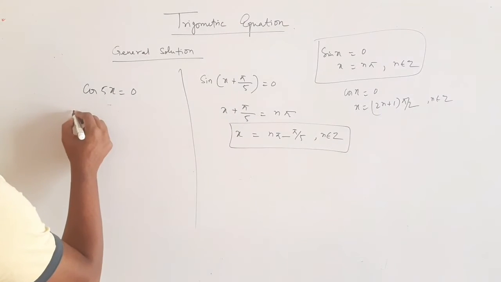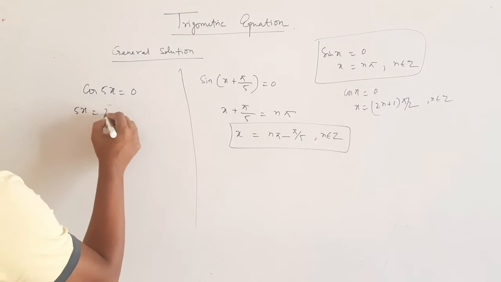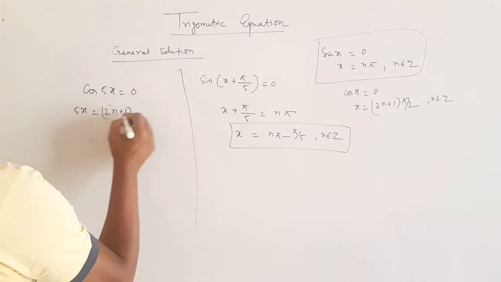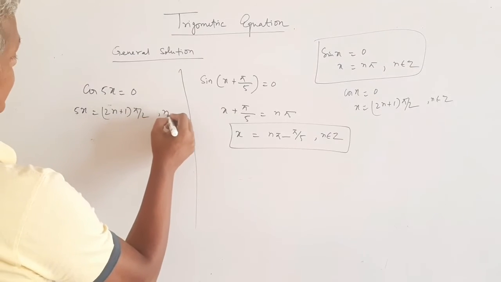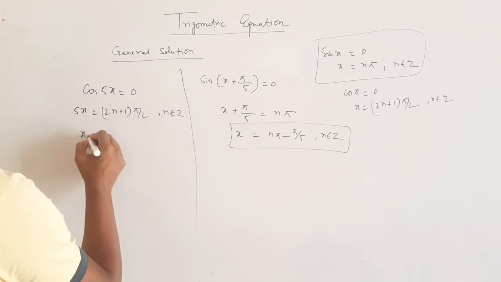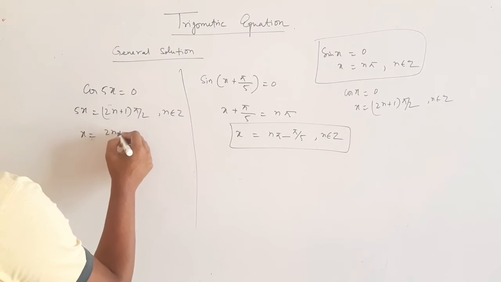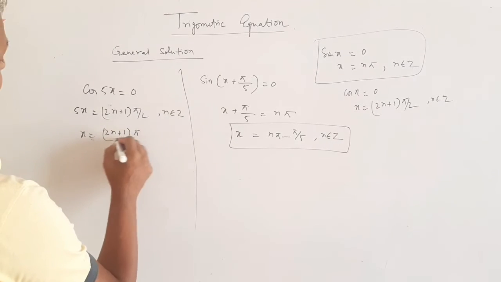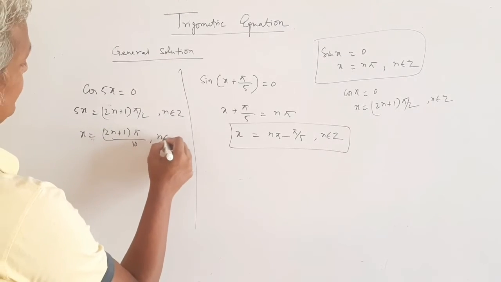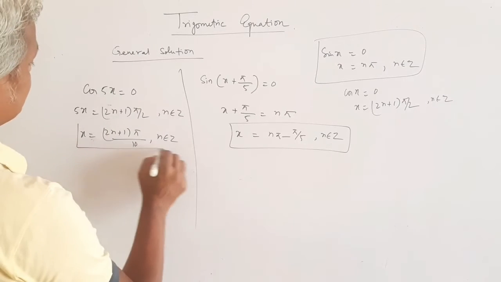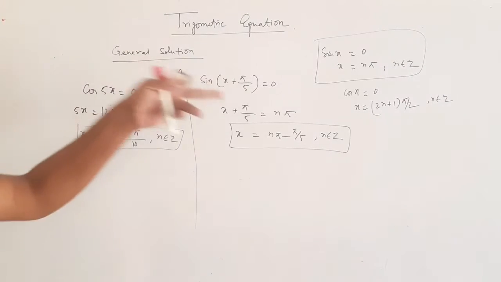So here I have my 5x as an odd multiple of pi by 2, where n is an integer, and then since we have to find x, we'll write 2n plus 1 pi over 10, and n belongs to integer. This is how you can find the solution of this type.